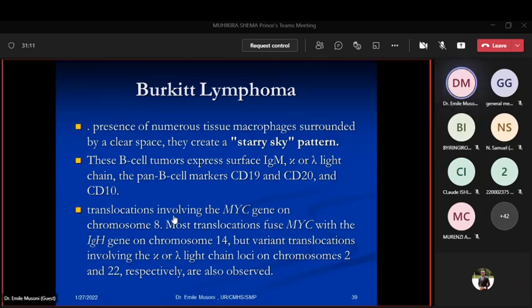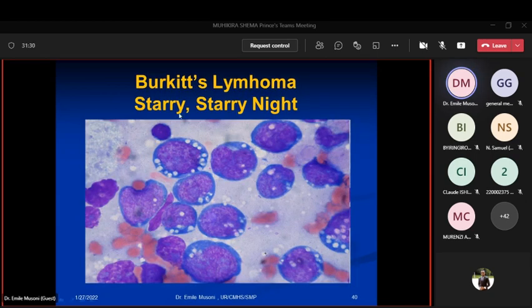Most translocations fuse the MYC gene with the IgH gene on chromosome 14, but variant translocations involve kappa and lambda chain loci on chromosomes 2 and 22. So this is that starry sky pattern. There are macrophages here. This one is the starry sky pattern.